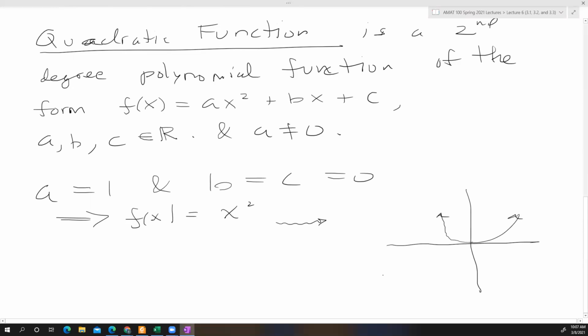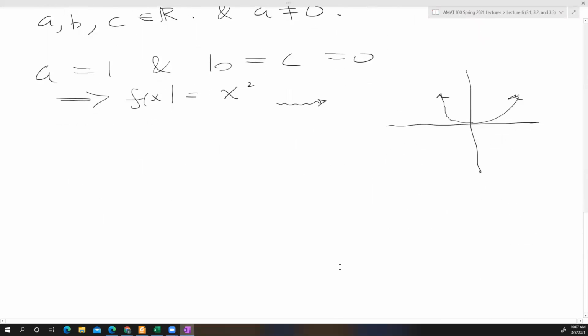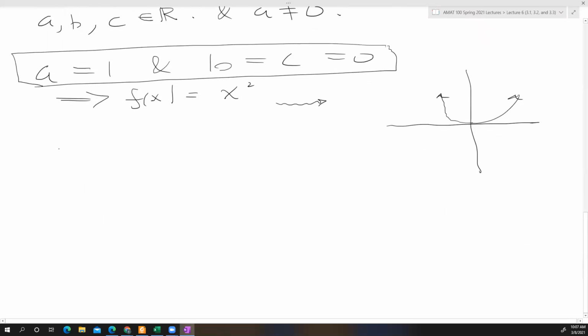And we've used this to illustrate a lot of concepts, for example, symmetry of graphs and symmetry of functions. But we want to go beyond that. We want to look at a more general quadratic function, which may not satisfy this at all. B and C might not be 0, A might not be 1. And we want to know, how do we plot these functions more easily?